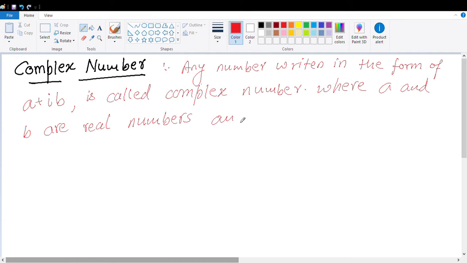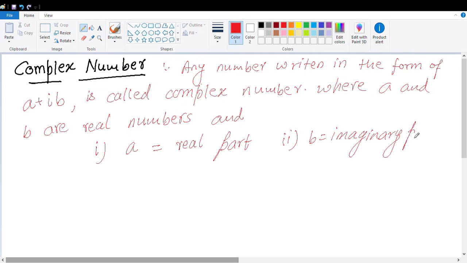Also, one more term: we say this a is called the real part and b is called the imaginary part.